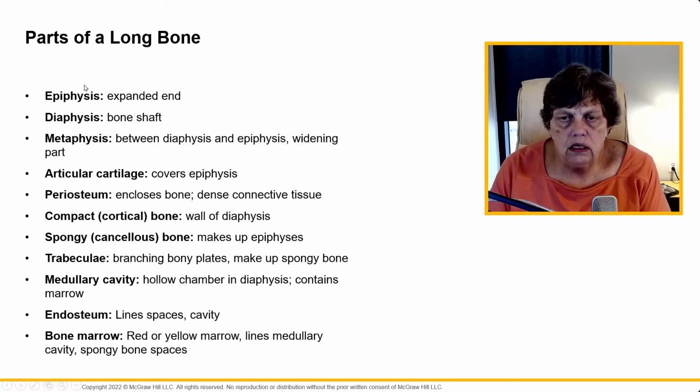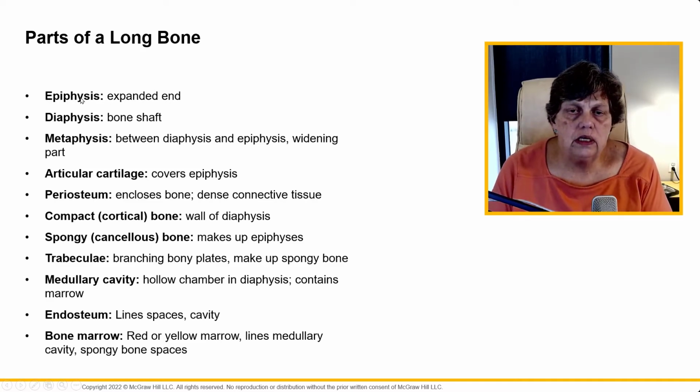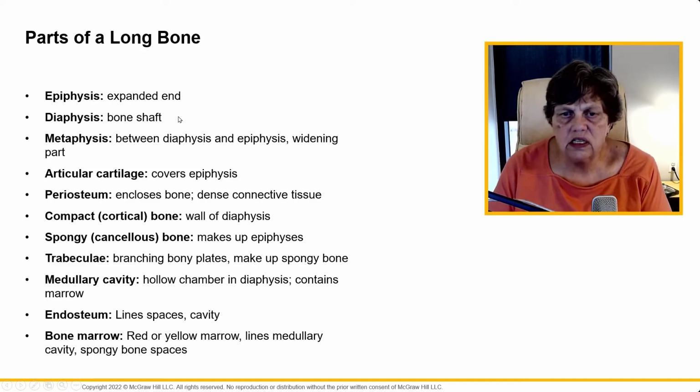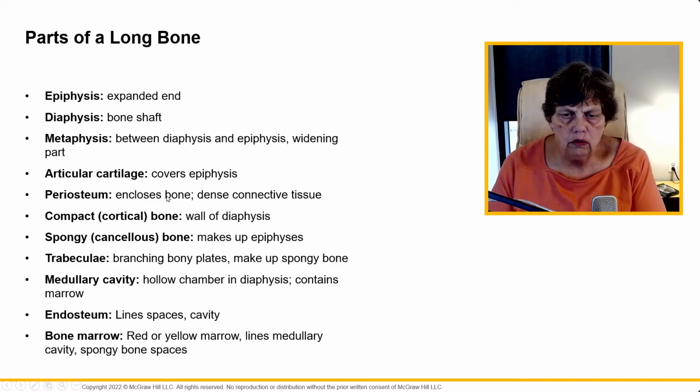All right, so let's look at a long bone, and you can see the names of the parts. You're going to need to know a lot of these. You have the end, which is the epiphysis, and then the shaft of the bone, the diaphysis. You have cartilage covering the epiphysis. You have periosteum, a dense connective tissue which encloses the bone.